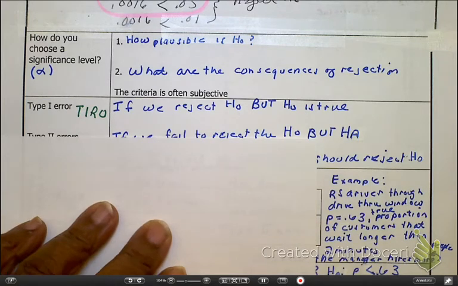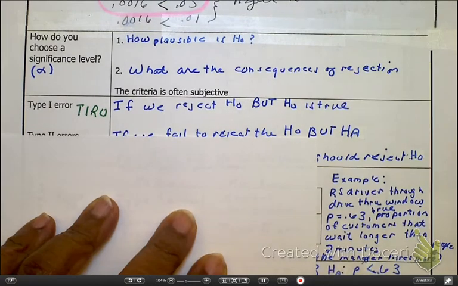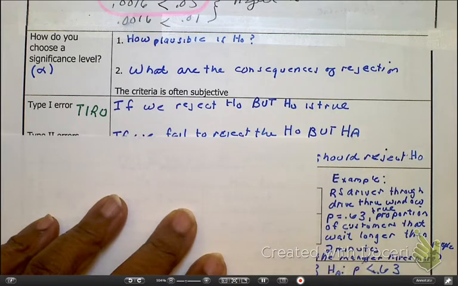So we have a drive-through window, and this manager has established that 63% of the time customers have to wait 2 minutes or longer. Now, that is what the true population proportion is.